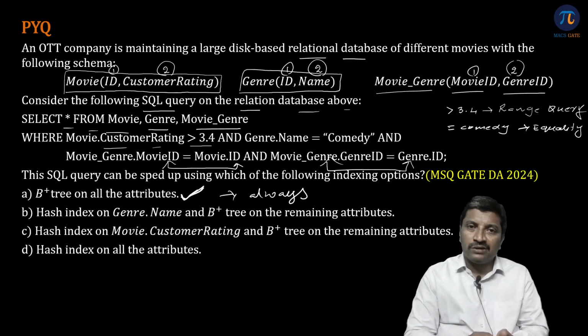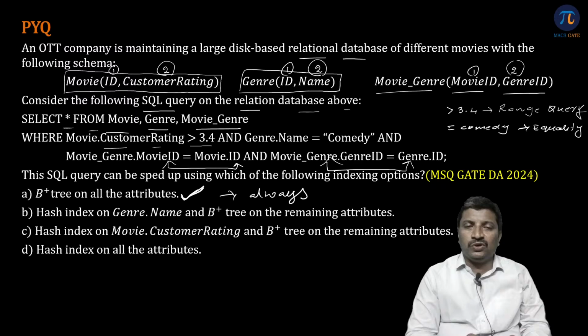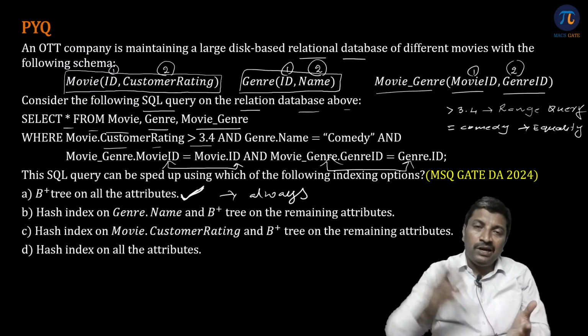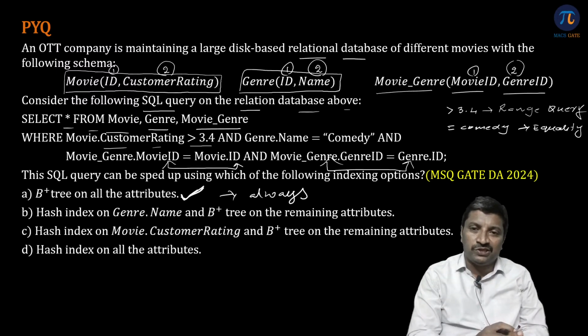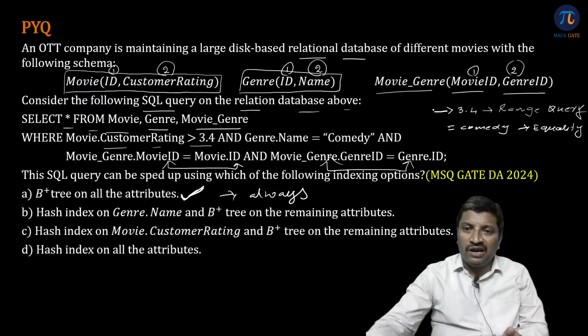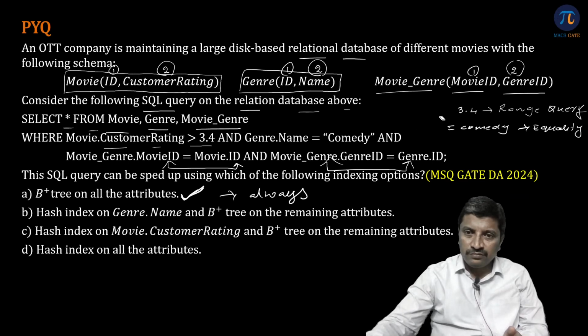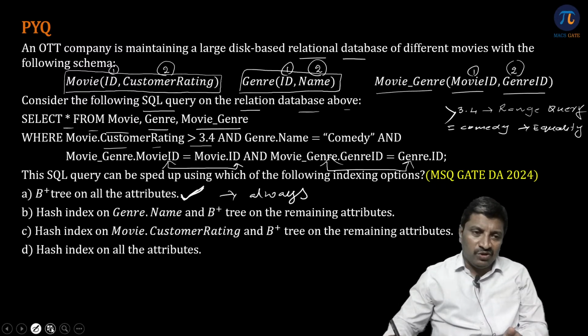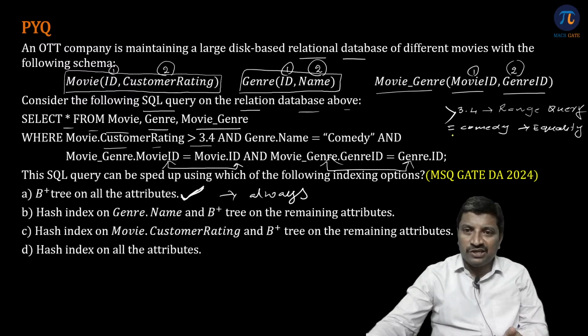Go to the table slot, get the address, then get the record. So one mathematical operation and getting the data block where the 22 is present. So the access cost is order of 1. So whenever you have equality, you can apply hashing also.